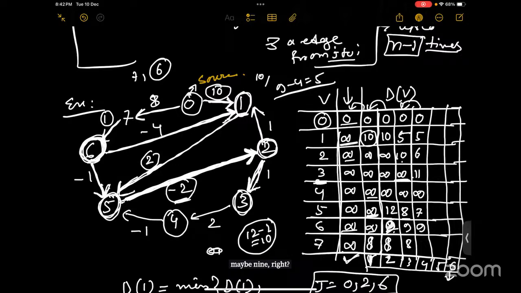Yes, remains the same. So this is 8. Again in the next step we will do the same thing. So this will be 0, this will be 5. What is the weight of 2? Consider this edge. 5. Yes, ma'am.